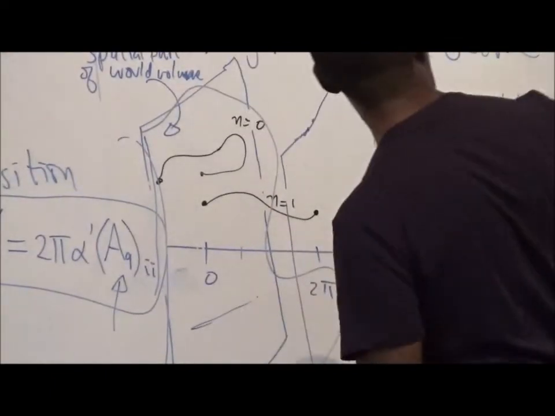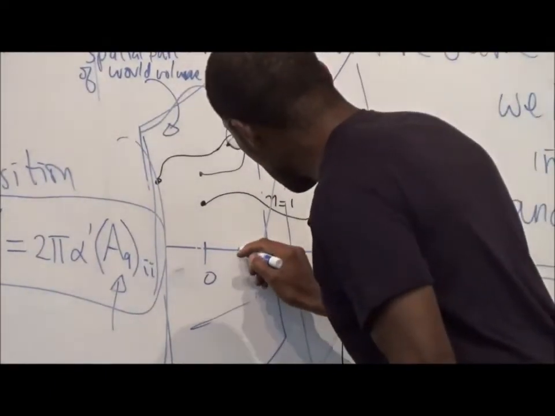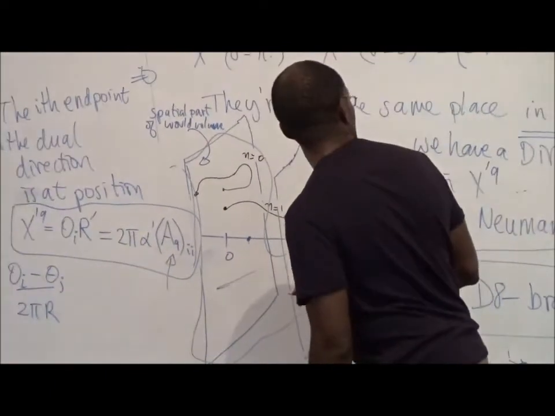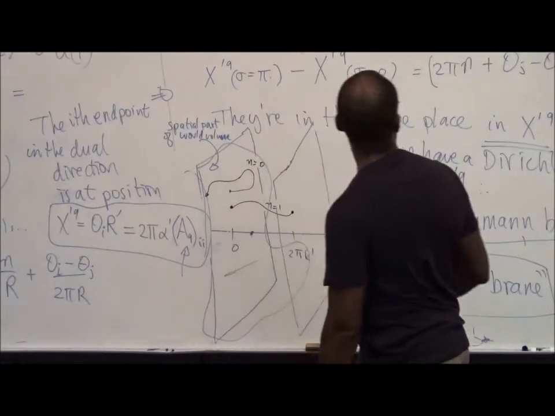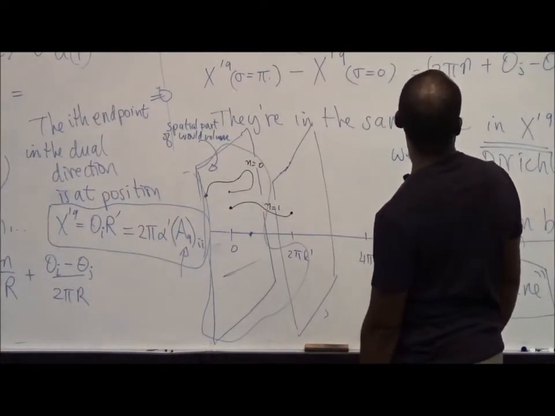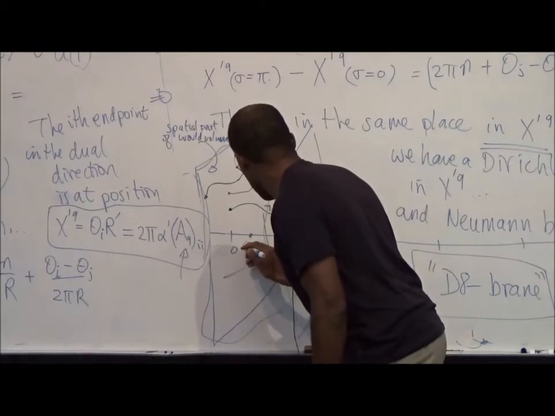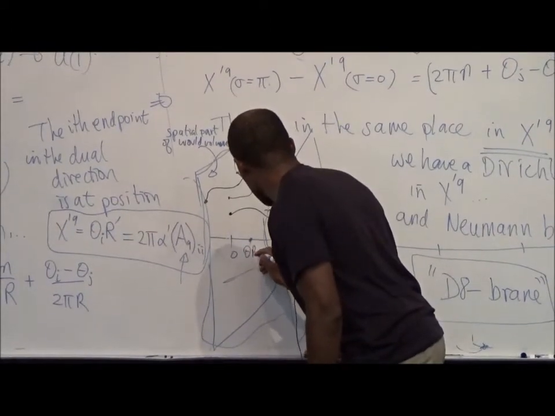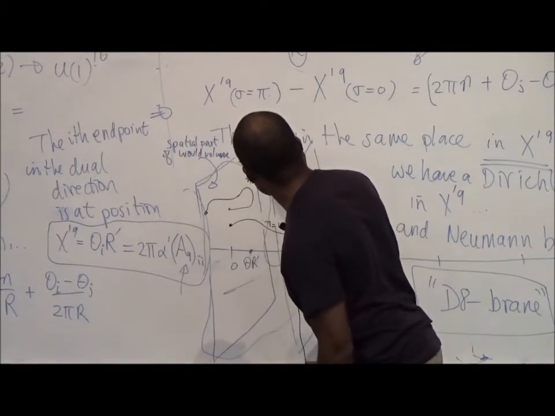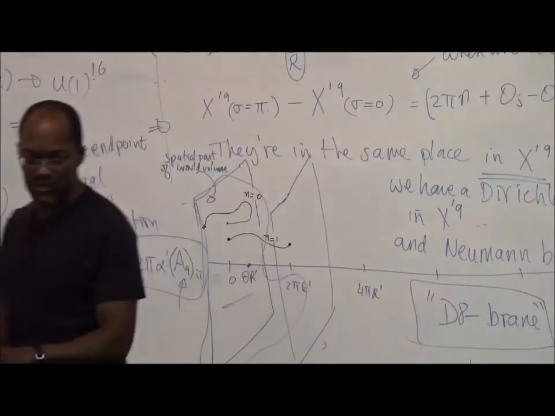Right. So now, if I read this, I have some additional position, which I would call theta r primed, at which I should draw another plane, and this is going to get really messy, so let me change color.